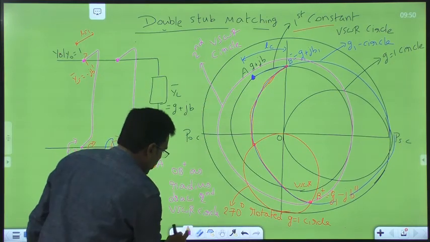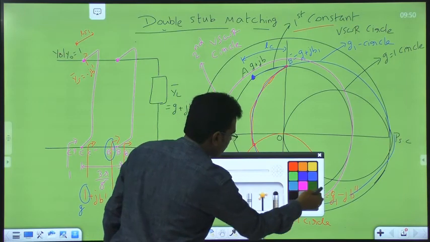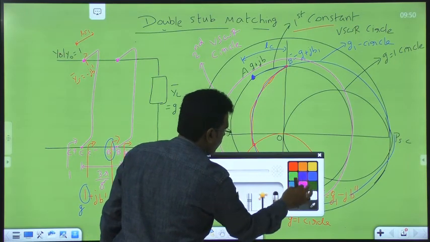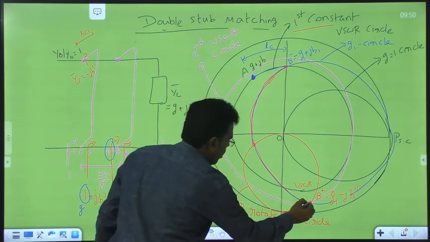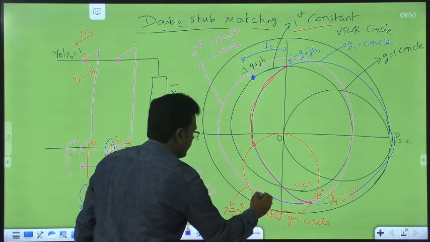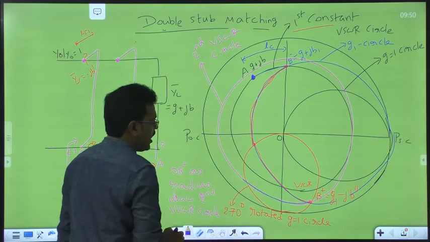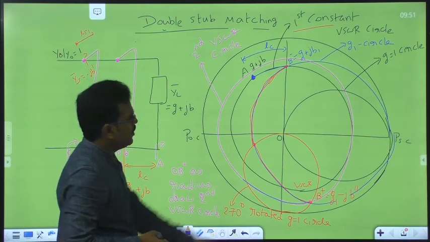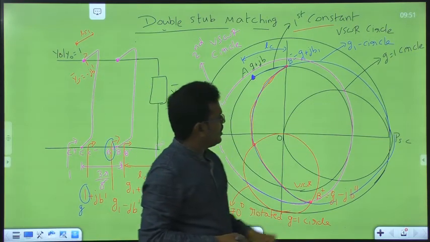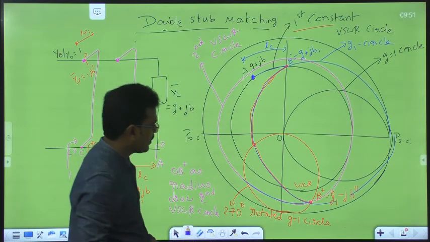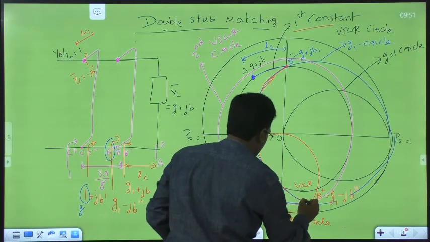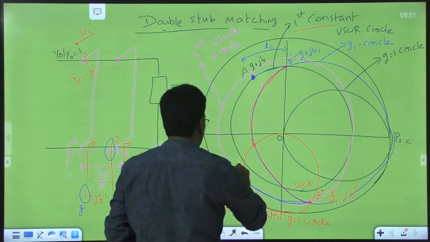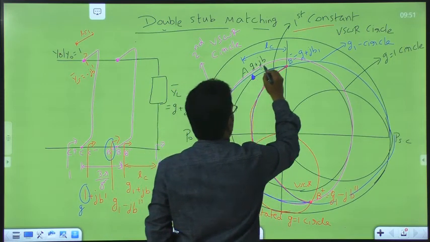Okay, now what you have to do? Now move on this constant VSWR circle until it reaches G is equal to 1. From here we have to move in the clockwise direction.